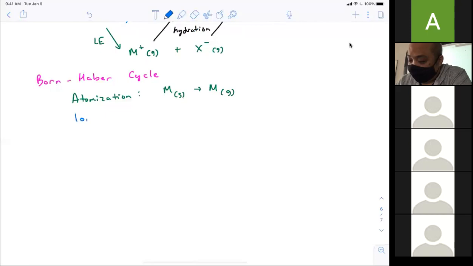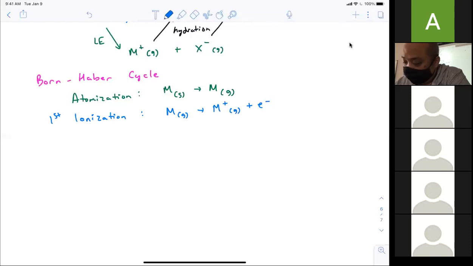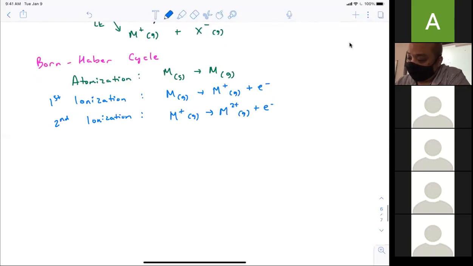You also have ionization, which you learned in topic 3, is essentially the gaseous metal losing an electron to become an ion. That's the first ionization energy. The second ionization energy is going from M plus gas to M2 plus gas and losing another electron. If needed, you would write that.